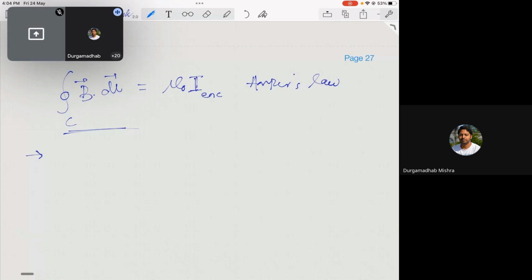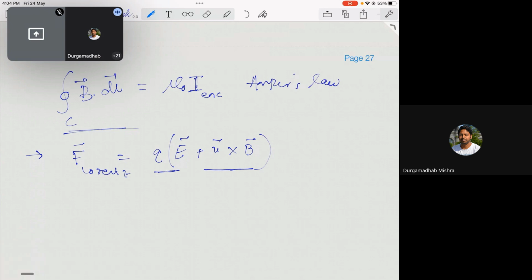If I take any electric charge, the force will be the Lorentz force, given by Q into E plus V cross B. This is the Lorentz force that acts on any charged particle due to electric field and magnetic field B. For the electric field, this is simply the electrostatic case.